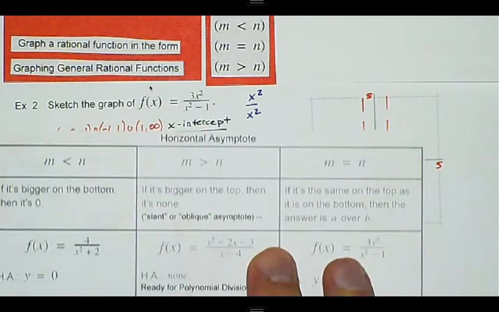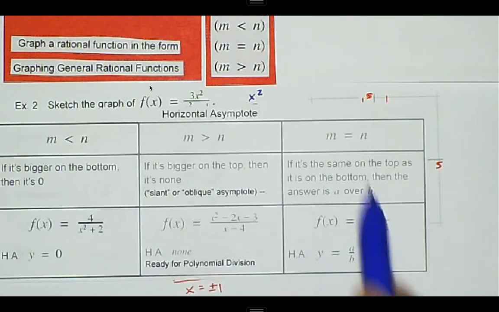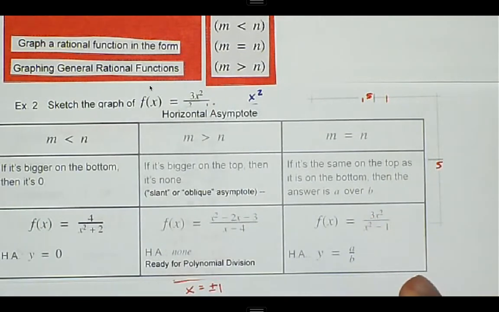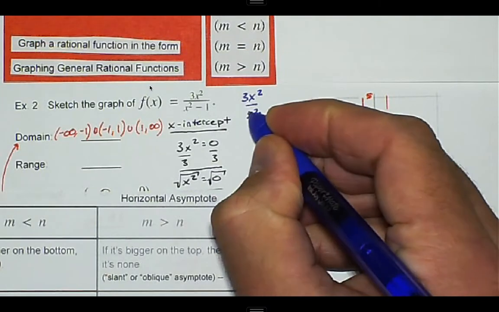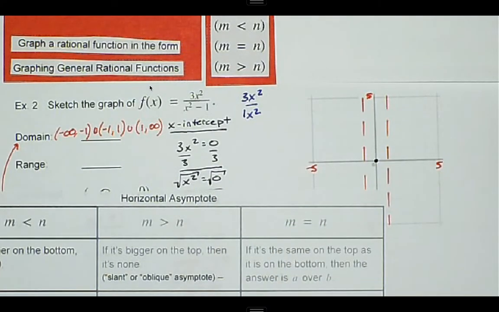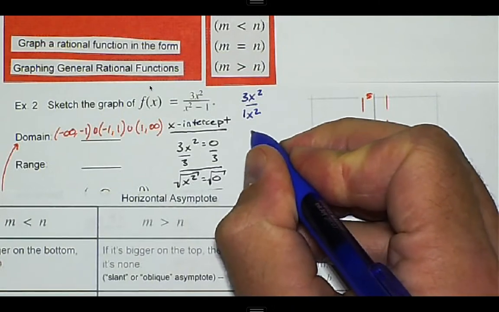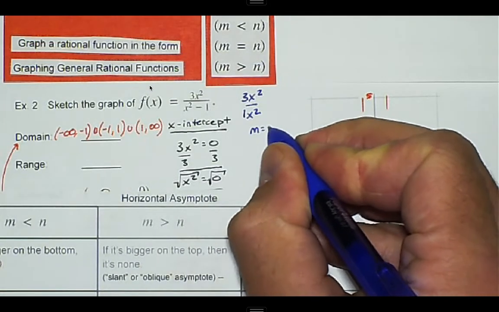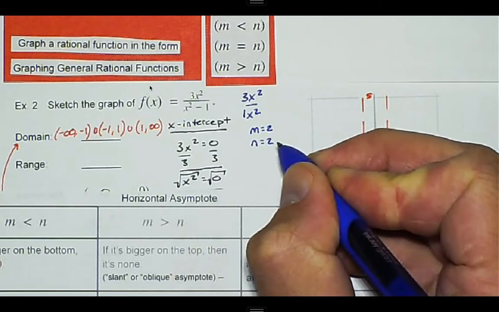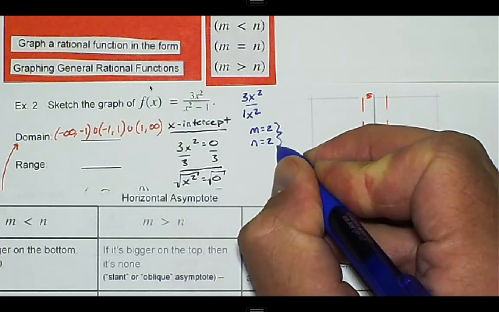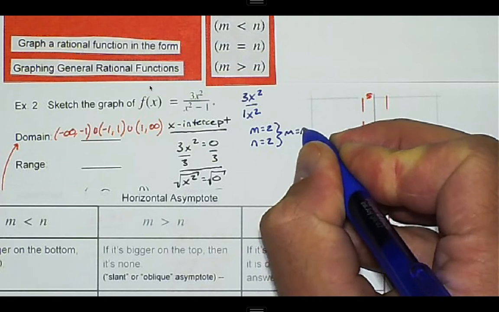So they have the same degree. If they have the same degree, then we take the coefficients and we make a fraction with them. So here we said m was equal to 2 and n was also equal to 2. So m is equal to n.